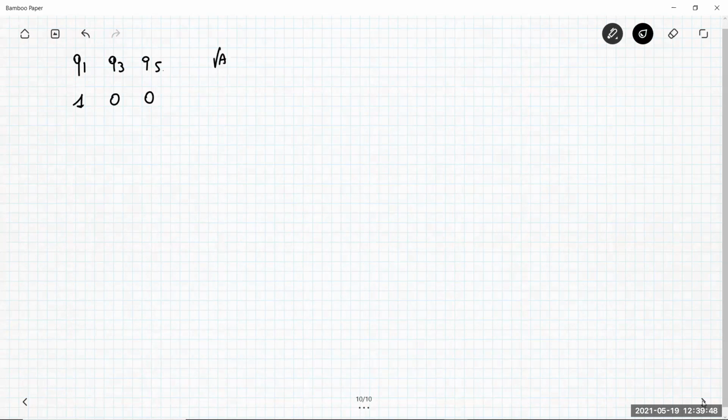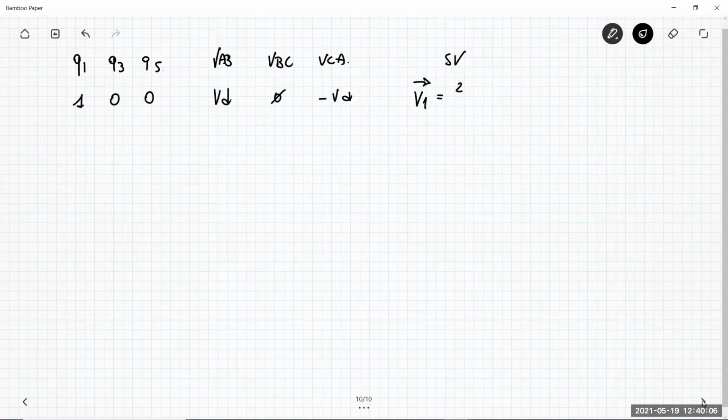Then you have VAB, VBC, and VCA. Remember, VD, 0, negative VD, and then the space vector representation, which is V1. It is 2 divided by square root of 3 VD e to the j pi divided by 6.